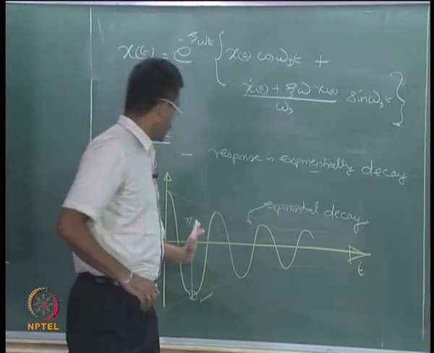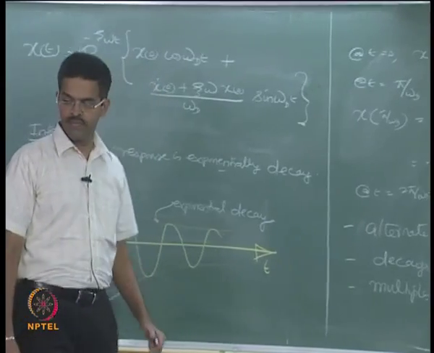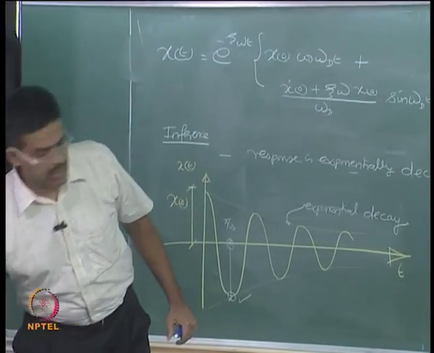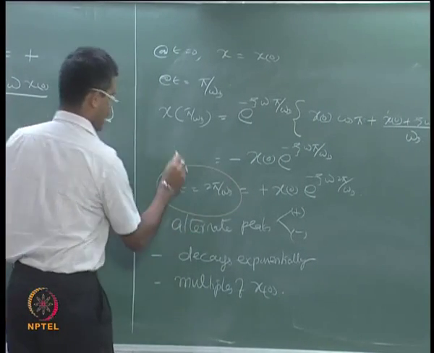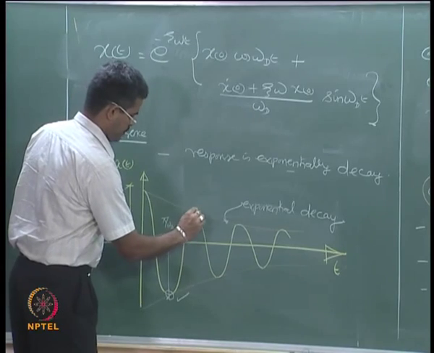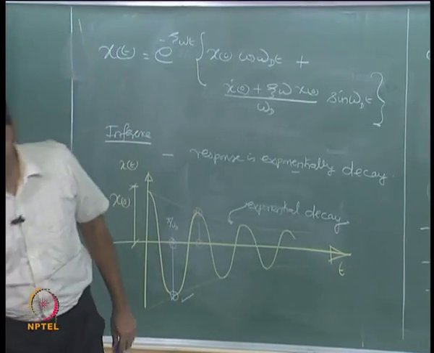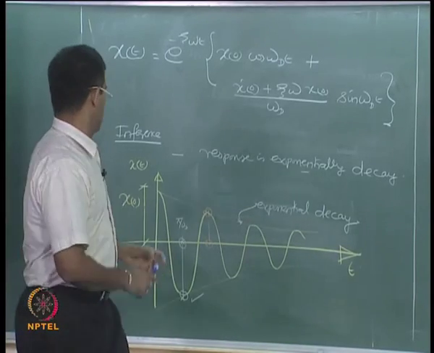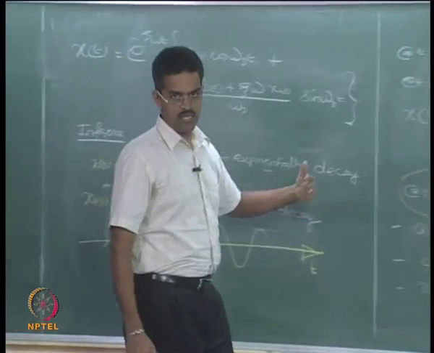We may not have to work out further. If you want me to mark this point, let us say this point corresponds to, okay, and so on, it keeps going, because positive negative positive negative, you will get successive peaks.